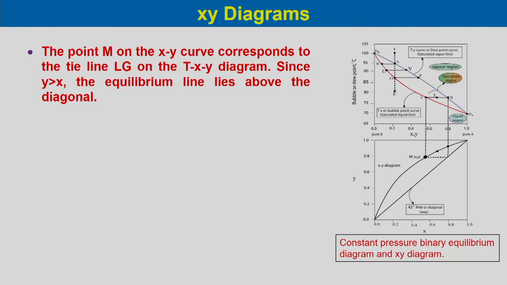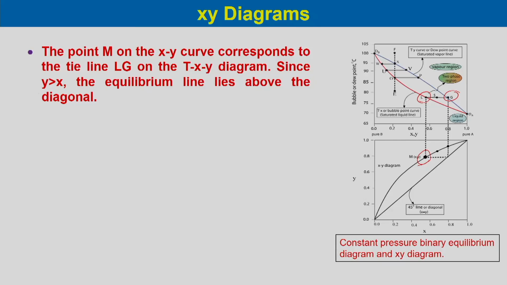The point M you can see over here, which is the XY point on the XY curve, corresponds to the tie line LG. So, this is L and this is G, and this point M corresponds to the LG tie line.